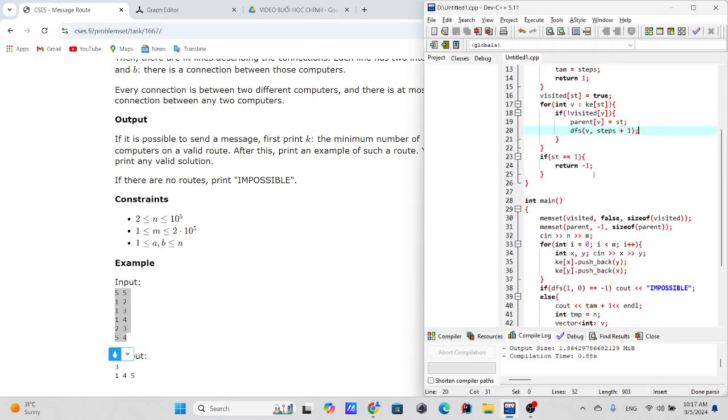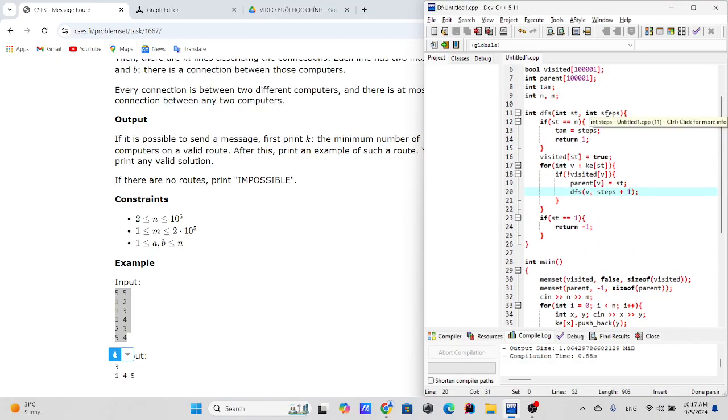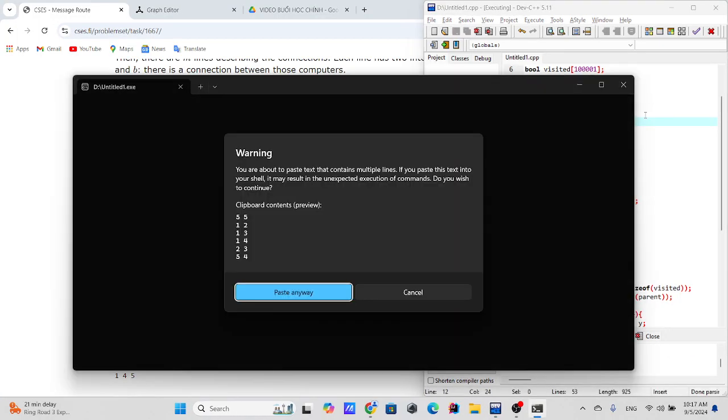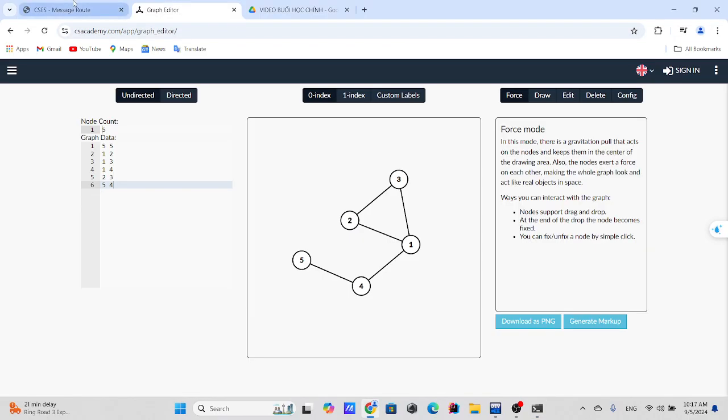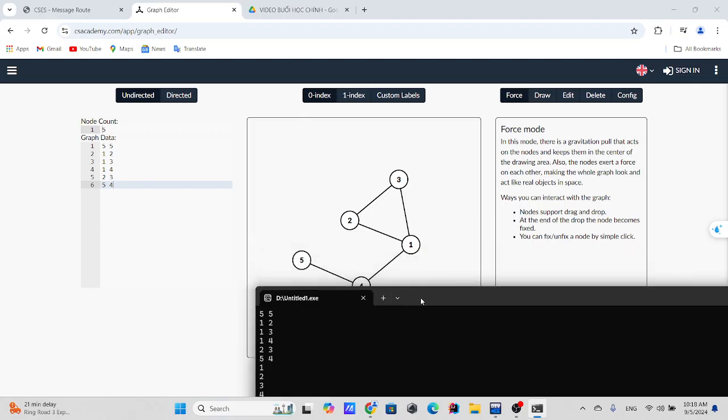Impossible. All right. Let's see. One goes to two, two goes to three, right?